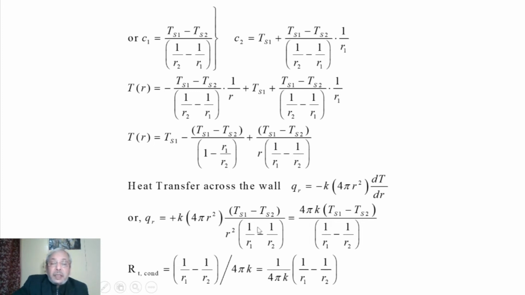And with some rearrangement, we get basically 4 pi K TS1 minus TS2 divided by 1 by R1 minus 1 by R2. So the conduction resistance is given by 1 by R1 minus 1 by R2 divided by 4 pi K, if we express it as temperature potential divided by QR.